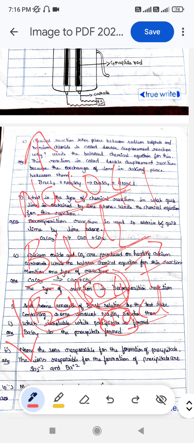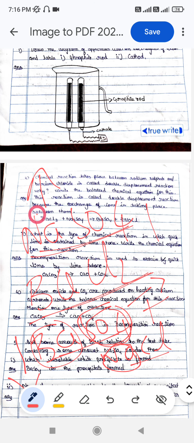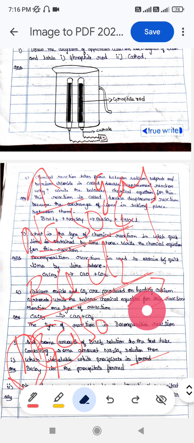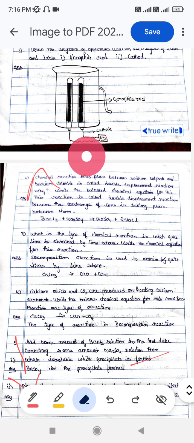Remember, the upward arrow mark always indicates liberation of gas, and the downward arrow mark indicates formation of an insoluble substance, called a precipitation reaction. Understood? This is the first equation, the first answer of the 2-mark question.